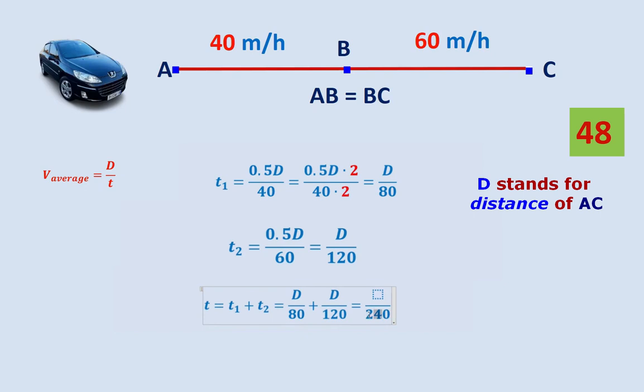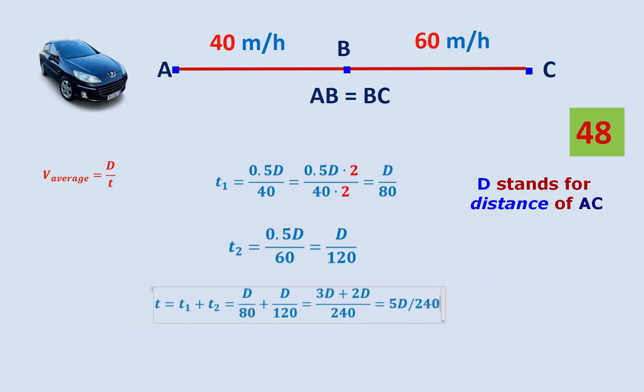So if we divide 240 by 80, we get 3. So we get 3d, plus 240 divided by 120, we get 2, so 2d. That is equal to 5d over 240, which is d over 48. So d over 48 is the total time spent on the road.